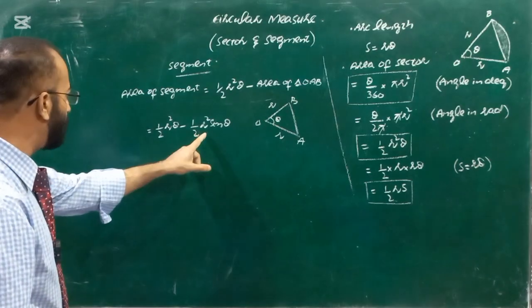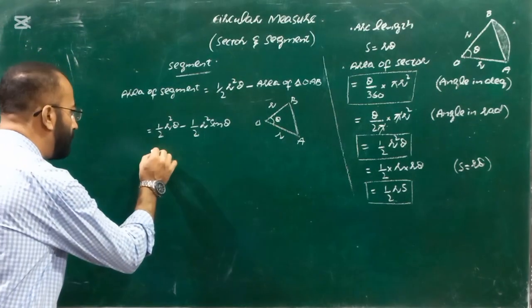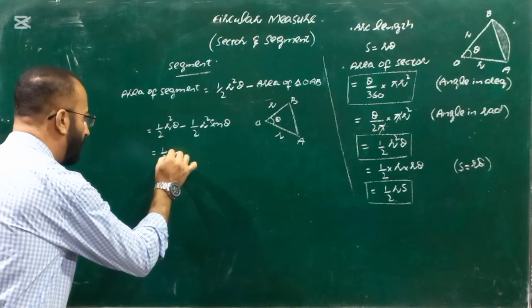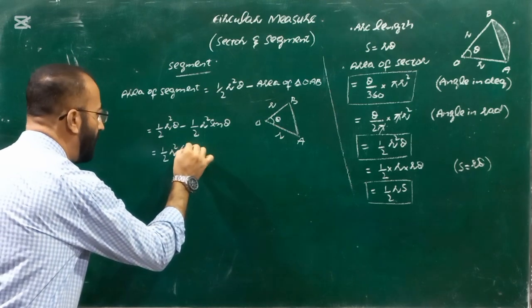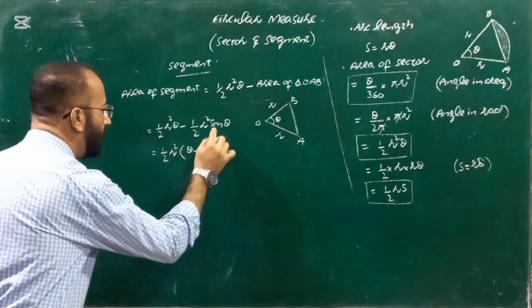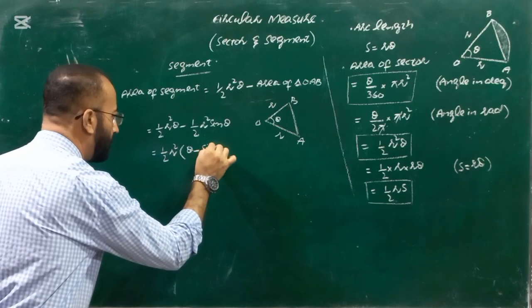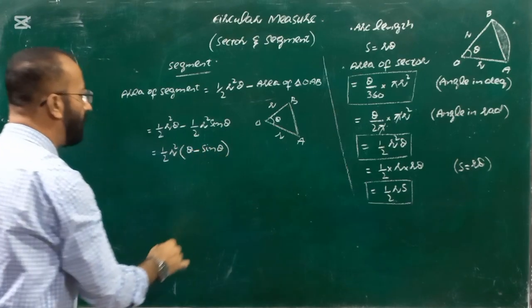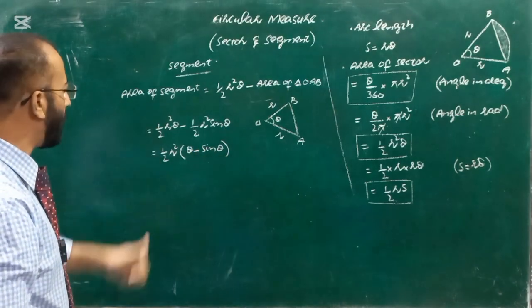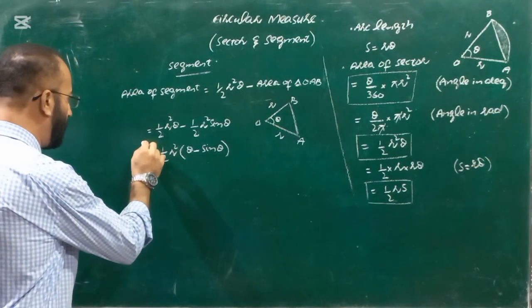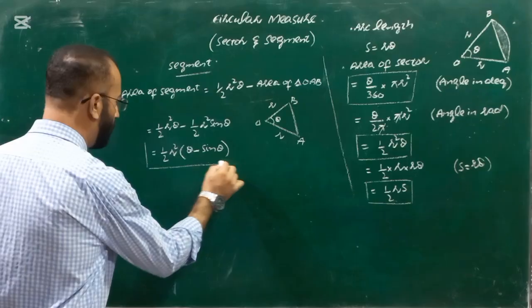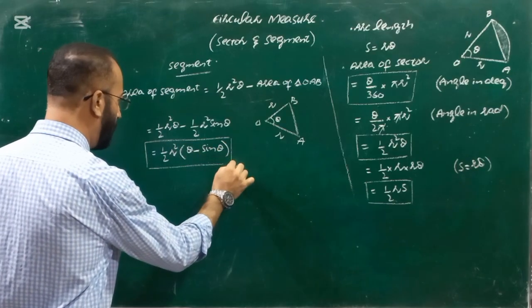Okay, 1 by 2 r square will be taken as common. Here theta will be left minus sine theta will be left. So this is the formula for the area of the segment, which you have to remember, which you have to learn.